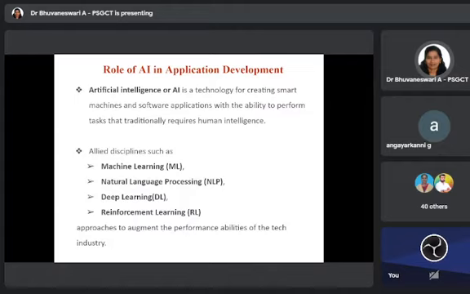After the introduction of deep learning models, we were able to focus more on the deeper information. It's possible to derive more information that was not possible earlier. So all these activities in application development augment the performance ability of the tech industry. So that's the current thing.